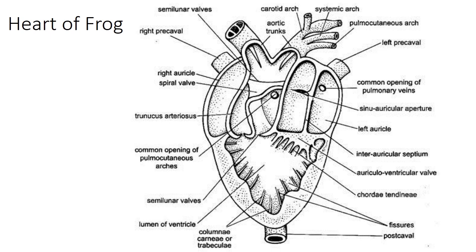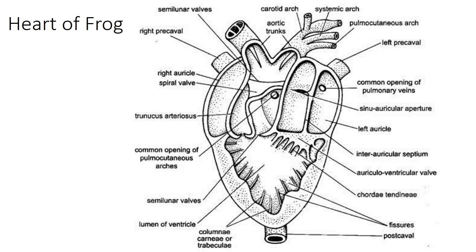Frog's heart is three-chambered, where you have the upper portion, which is a bit broader, with the two auricles. Heart is three-chambered with two auricles, or atrium, which is the other name for auricle, and a ventricle posteriorly.